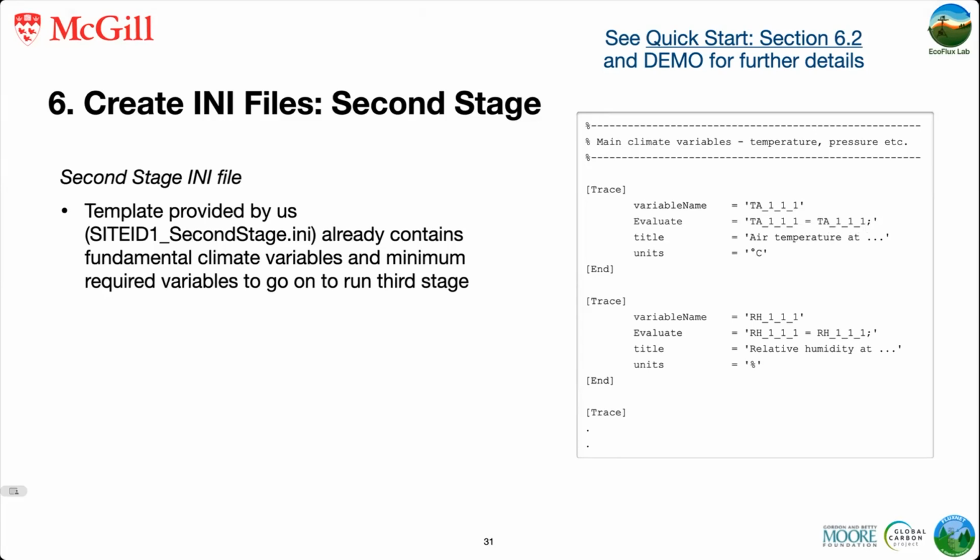And even though in this most simple case, we're not changing any of these variables, we still have to include this trace here, or it can't be passed through to the third stage.